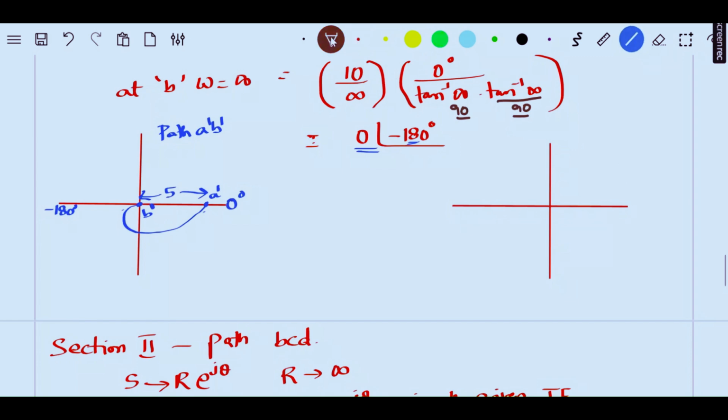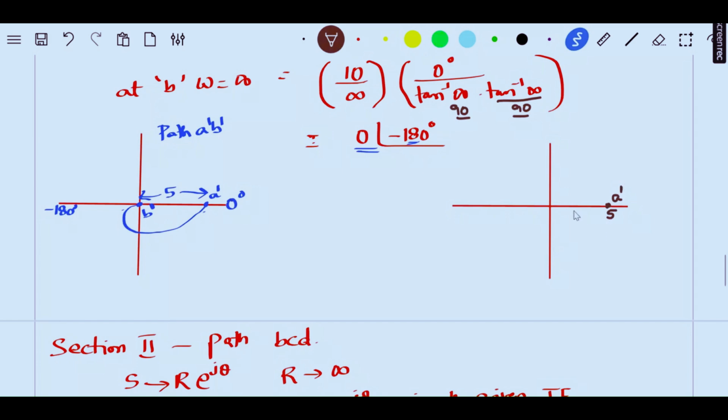Now I need to draw DA. So now A is 0 degree. The phi remains to be phi here. A dash point is phi.